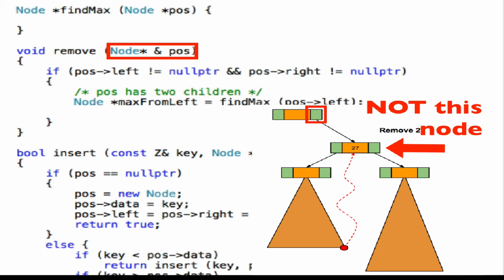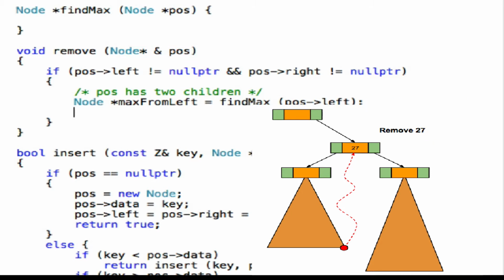Pos is not that box, but pos is a pointer outside of that node. Are you with me? Now, we find the candidate, which is what we call max from left. We have to bring the value from here to replace the value in there. So tell me what to write.